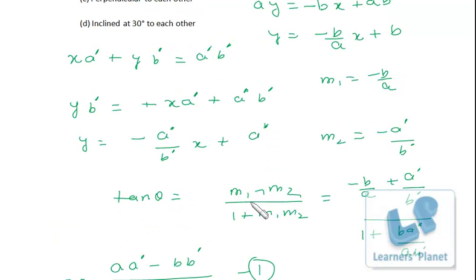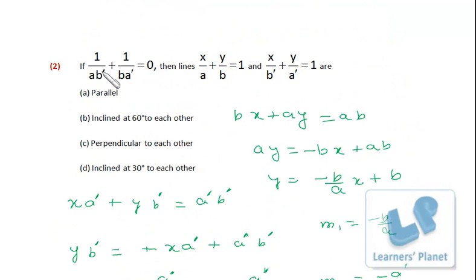Now we have been given that 1 upon AB dash plus 1 upon BA dash is equal to 0. If we simplify this, we get BA dash plus AB dash upon A dash B dash is equal to 0. That means BA dash plus AB dash is equal to 0, right? This by this is 0, which means the numerator will be 0, the denominator cannot be 0.